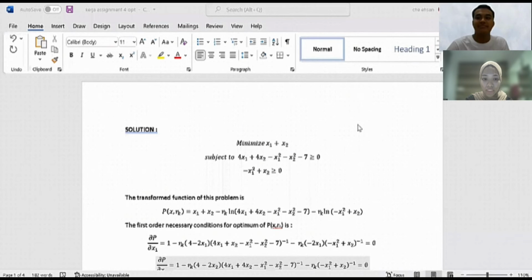The next one is delta P over delta x2 equals 1 minus rk times (4 minus 2x2) times (4x1 plus 4x2 minus x1 squared minus x2 squared minus 7) to the power of negative 1 minus rk times (negative x1 squared plus x2) to the power of negative 1, which equals 0. Next will be presented by Bella.